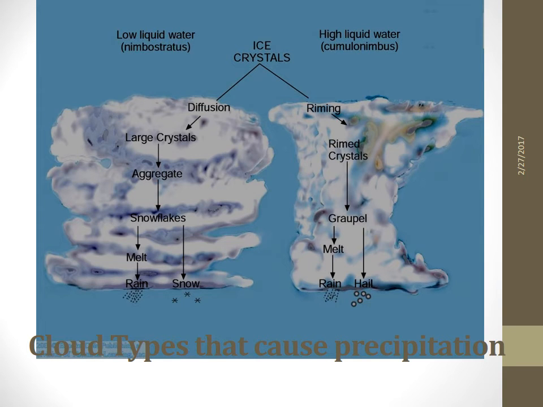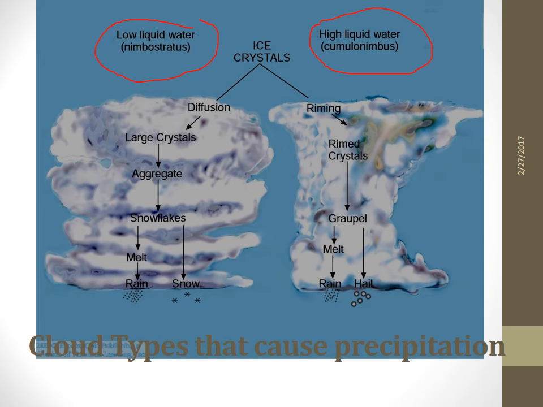All right, so there are 2 types of clouds that produce precipitation. One is the nimbostratus cloud, and that's a low liquid water cloud, and the other one is the cumulonimbus cloud, which is a high liquid water cloud. They both start with ice crystals, except in the low liquid water cloud you get more aggregation.